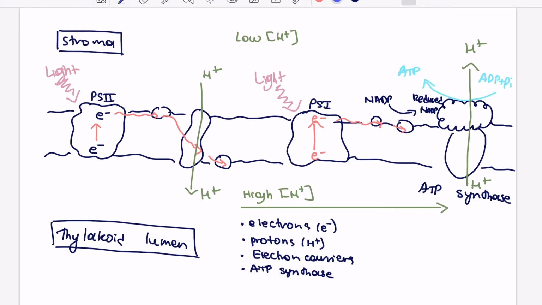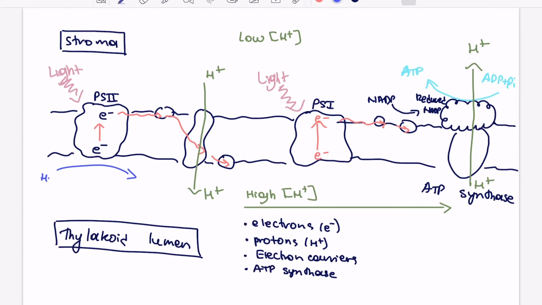But here is a problem. If the light keeps hitting PS2 and PS1, the electrons will run out eventually. So there is an extra process that you guys need to know, which is called photolysis of water. The light will hit a molecule of water, which will dissociate it into 2 protons, 2 electrons, and half of an oxygen molecule.